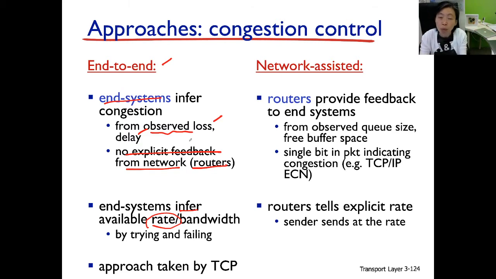So what the end-to-end approach is doing is guessing. By trying a certain rate and observing if there's a loss or a growing delay. If not, then cool, this is within the available bandwidth. So maybe let's raise the rate a little bit and see if there's a loss now, or if the delay increases now. If not, then we're still safe. Let's increase it so that we're not too conservative, too slow in sending the data out.